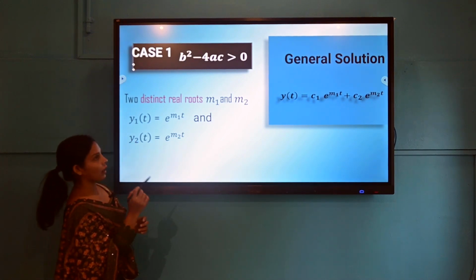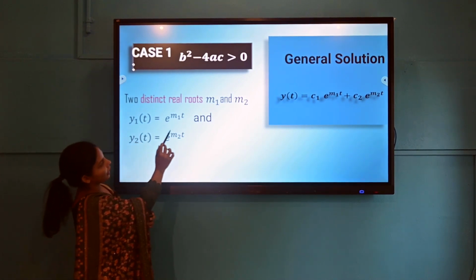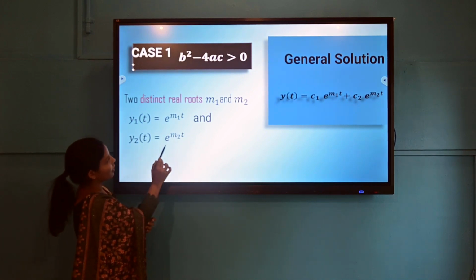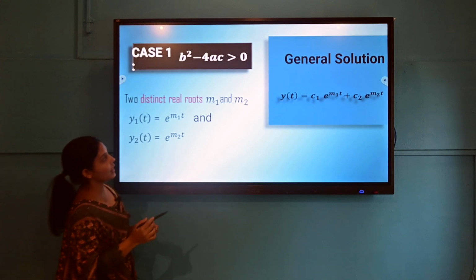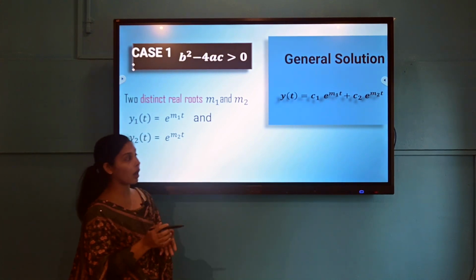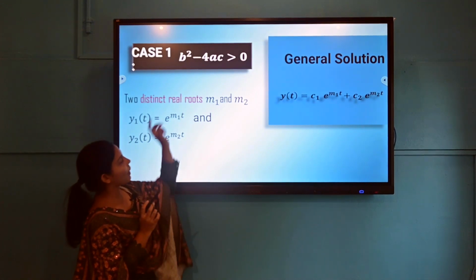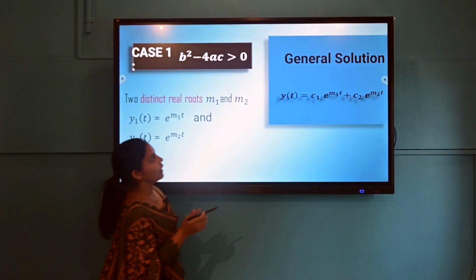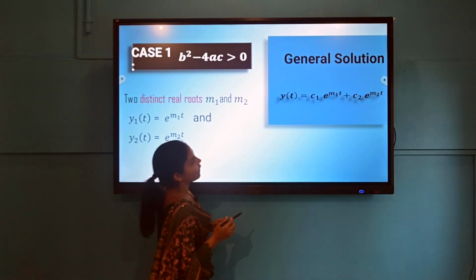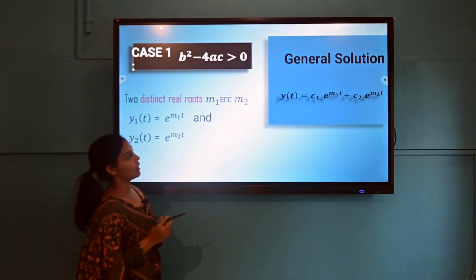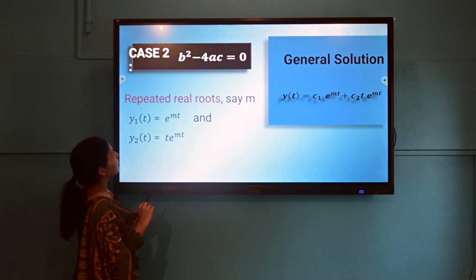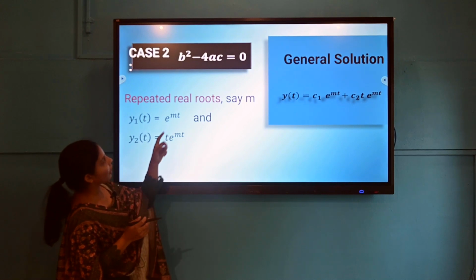Then we can take one solution y1 as e raised to m1t and another solution y2 as e raised to m2t. Hence, the general solution can be written as y of t is equal to c1 e raised to m1t plus c2 e raised to m2t.